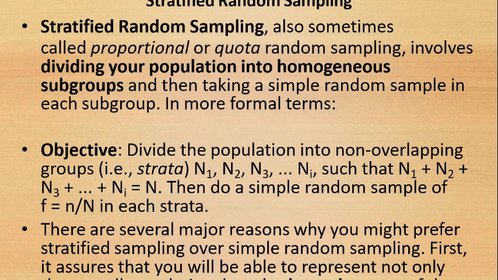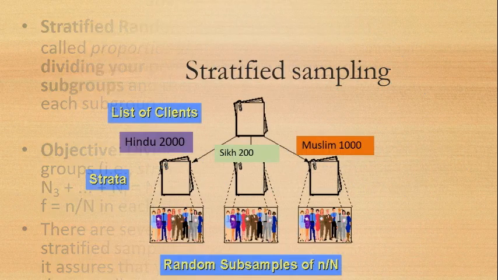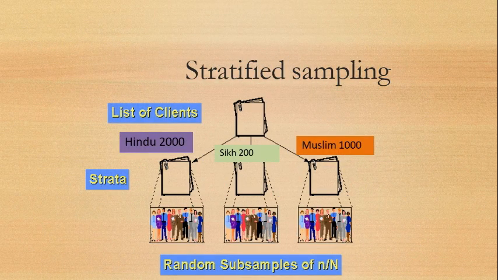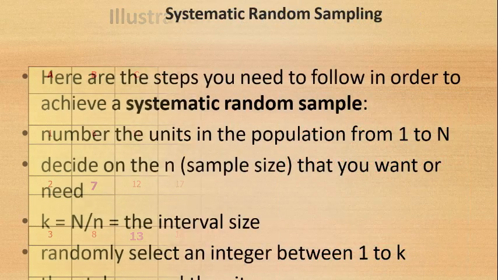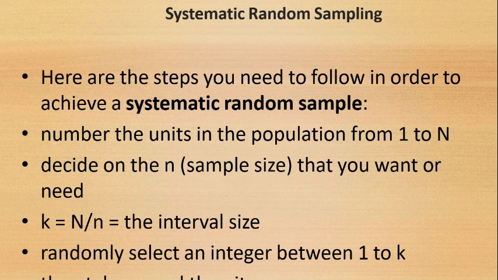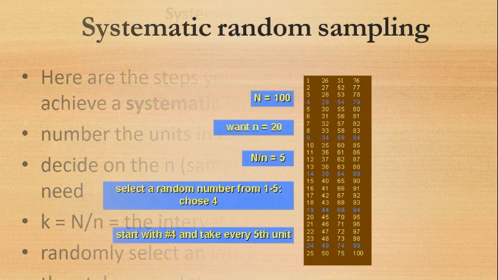Sampling methods overview. Sampling methods fall into 2 big categories. 1. Probability sampling, where every unit has a known chance of selection. 2. Non-probability sampling, where selection is based on convenience or judgment, not pure chance. Probability sampling methods. Under probability sampling, we have simple random sampling.